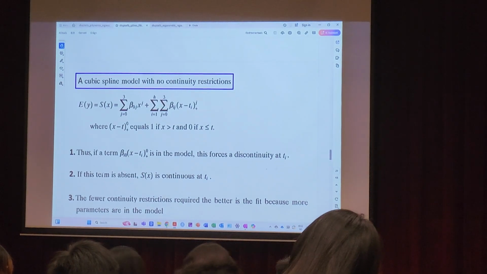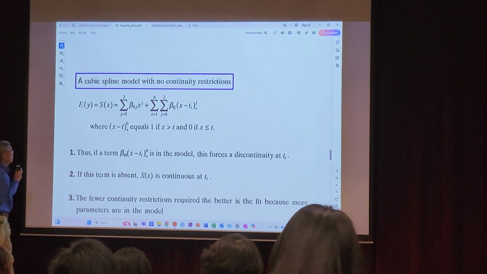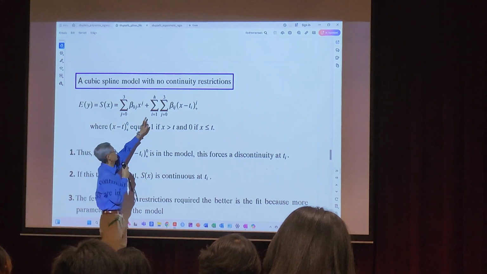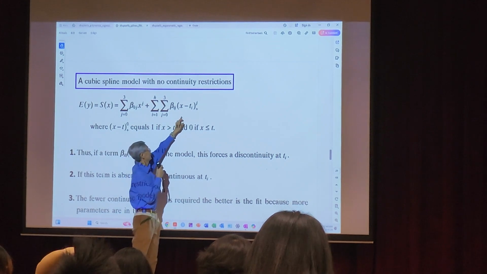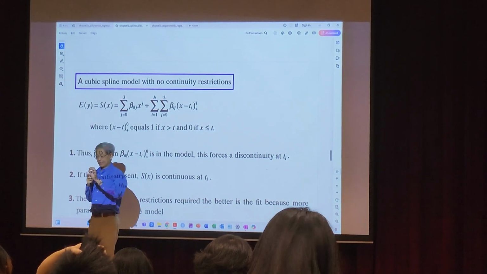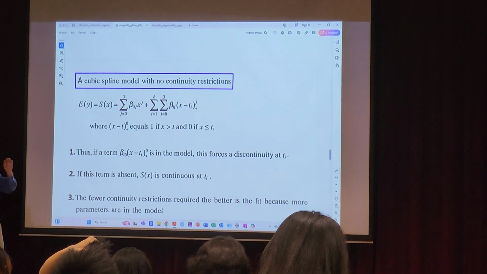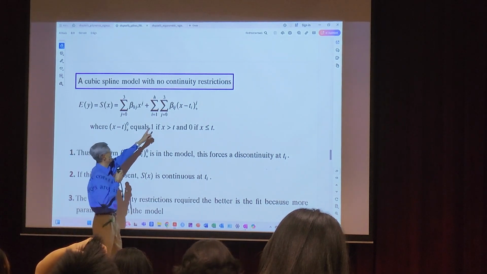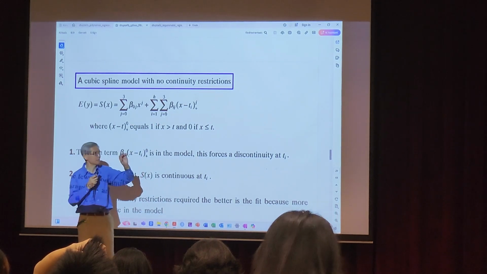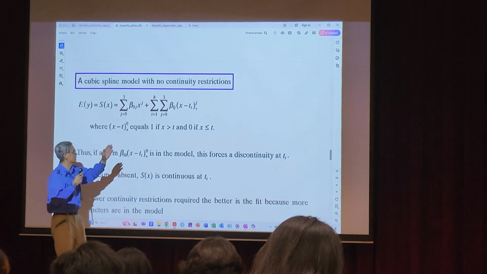The difference is here. So what happened here is, suppose I have H knots. For every knot, I add this one. So this is a polynomial, also a cubic polynomial, but it starts from 0. It's x minus ti to the power 0, x minus tj to the power 1, and so on.